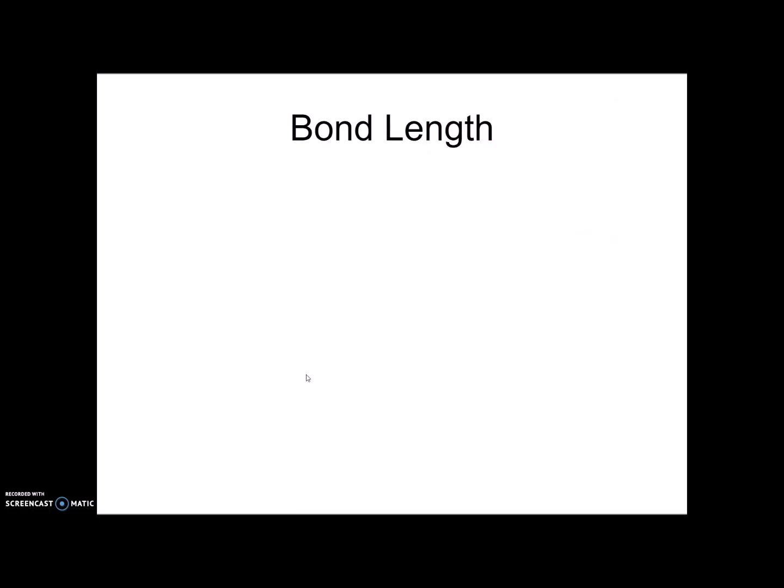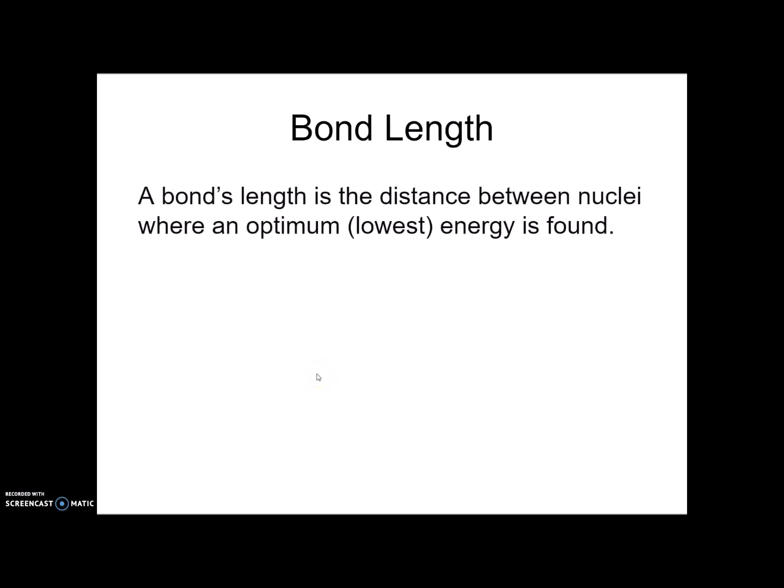When we talk about how long a bond is, we're talking about the distance between the two bonding atoms' nuclei, the internuclear distance. And that length is where the lowest energy is found when the bond forms. At that particular bond length, two things are true.